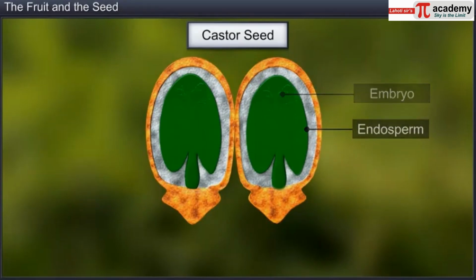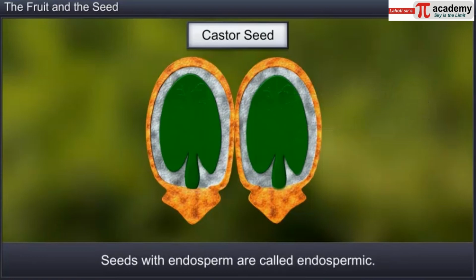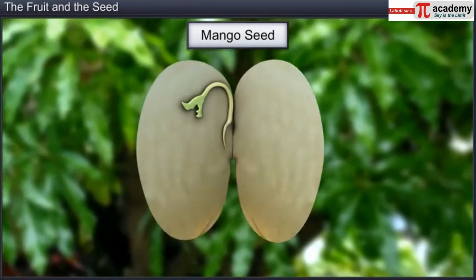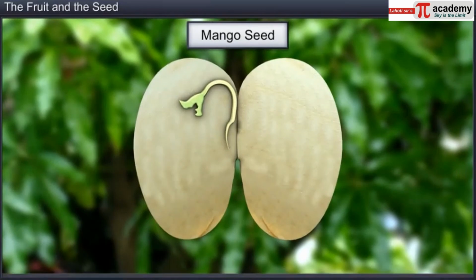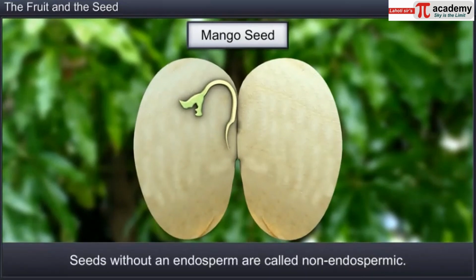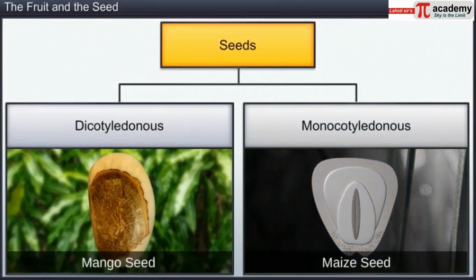Seeds with endosperm are called endospermic, whereas in seeds like mango, the endosperm is absent. Such seeds are called non-endospermic. Like dicotyledonous seeds, the outermost covering of monocotyledonous seeds is also known as the seed coat.